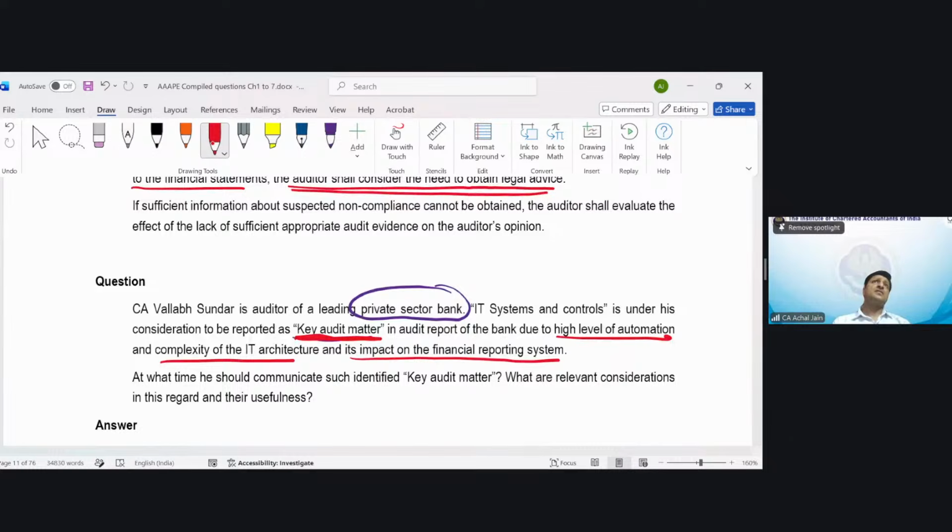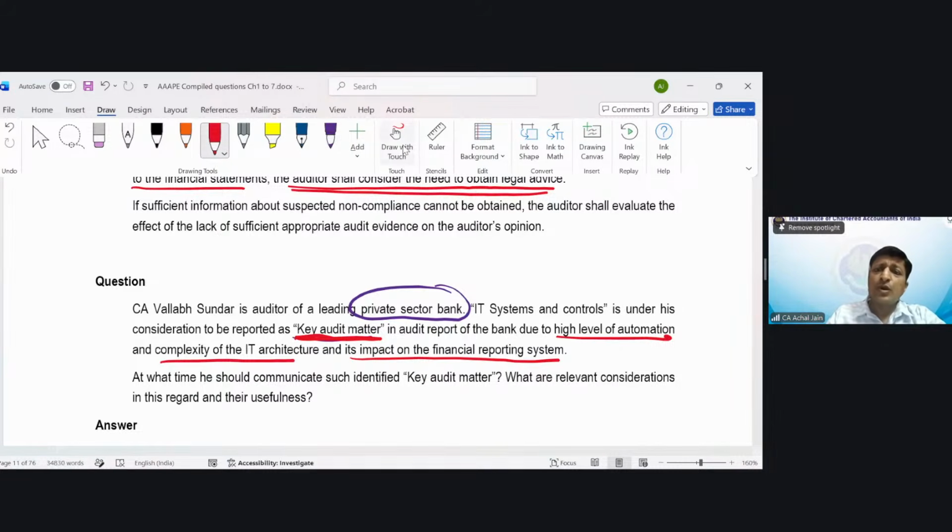Now, in this case, this being a matter of CAM, the question arises: at what time does the auditor need to communicate about such CAM? Because the auditor has thought through and is looking at it as a CAM to be reported.